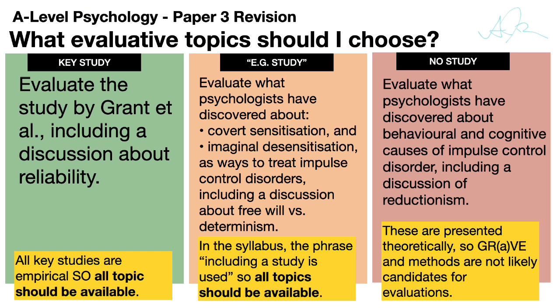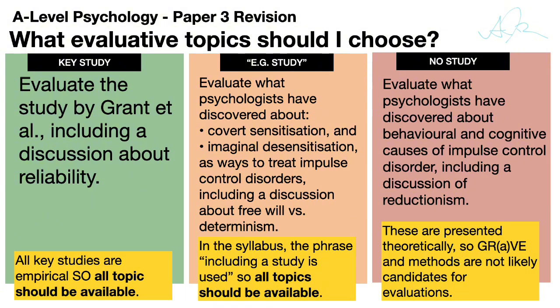So this type of question to me would be the most difficult because you are closed off from doing generalizability, reliability, validity, and ethics. I mean, I guess you could still do these things, but they're not based on empirical details, and therefore there's less likely to be a link. So when it comes to a no study evaluation, I might gravitate more towards issues and debates or usefulness.